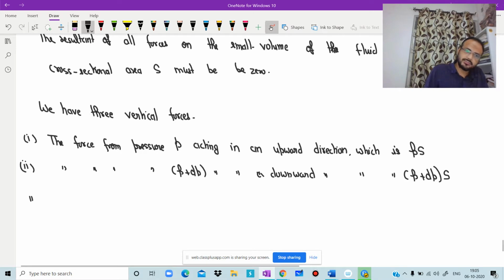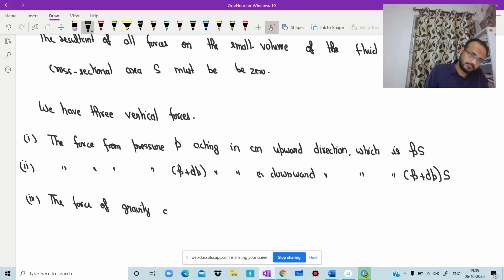And third one is the force of gravity acting downward, which is density into volume, that is mass into g.